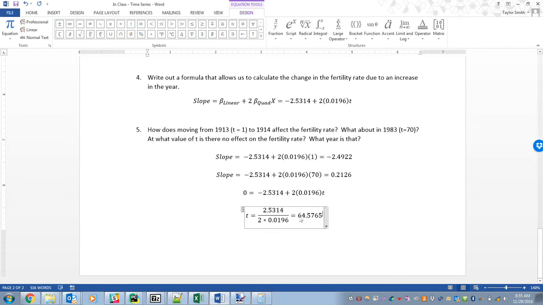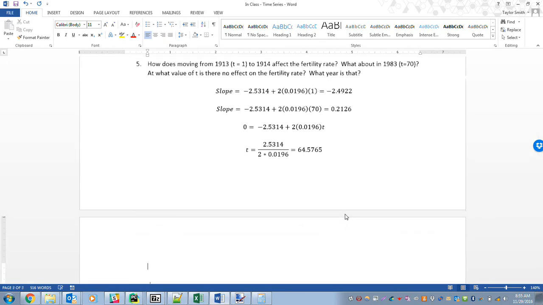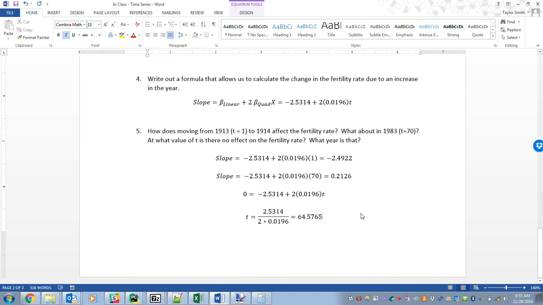Okay, now what year is that? So when t equals 1, that is 1913. So when t is equal to 64, t would equal 64 in 1976.